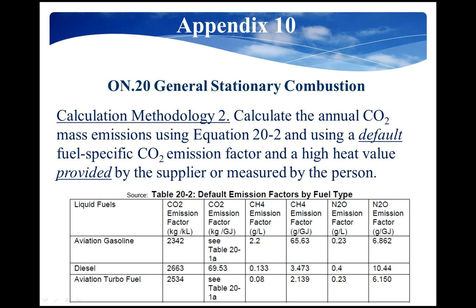It's important to note that in Ontario, for natural gas, both Enbridge and Union Gas provide high heat values on their website. That's important to remember because there are restrictions on which method you're allowed to use. I'll discuss that in just a couple slides.